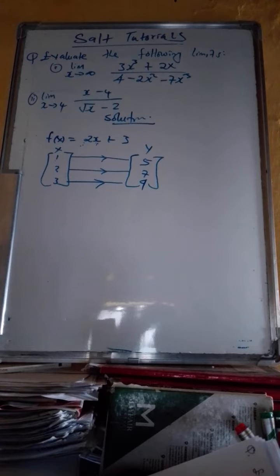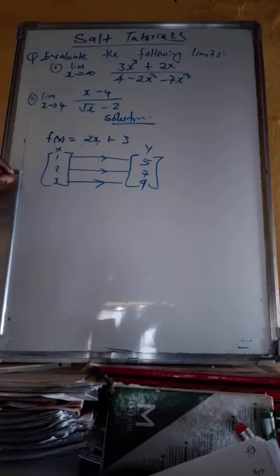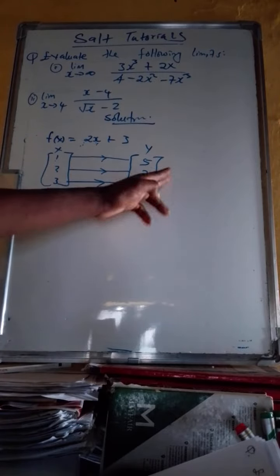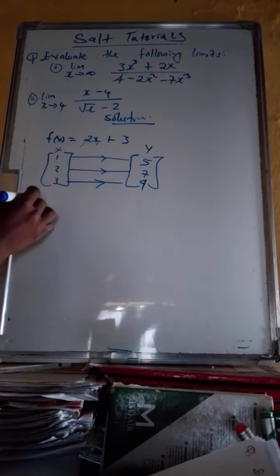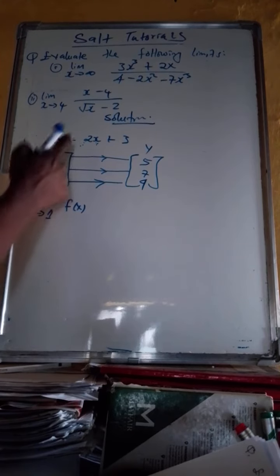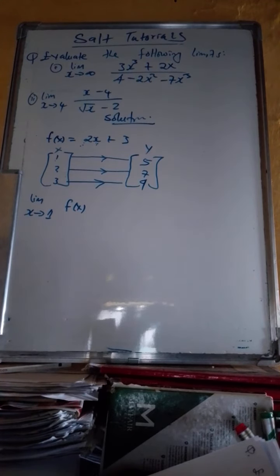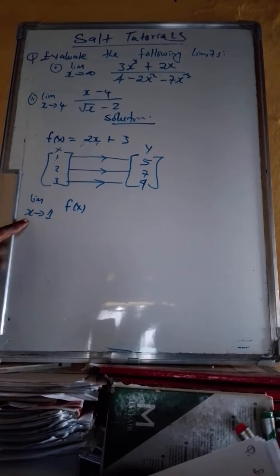So when you look at the information of limits, we are looking at it in such a way that we have values of x and we have values of y. So the limits we're talking about are y values. This is where x is approaching these values. So for example, in this function, if I say what is the limit as x approaches 1 of f of x, we're simply saying what is going to happen to this f of x if x draws closer and closer to 1?